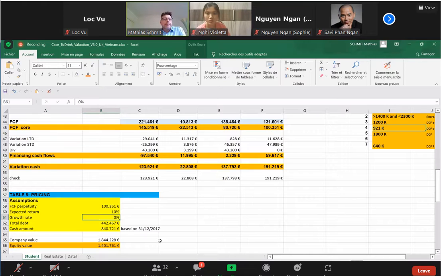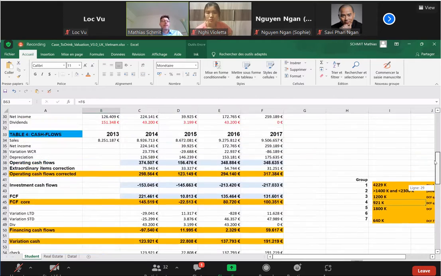And what is the value of the equity? It's a perpetuity. So 100,000 divided by 10%. If you assume that you receive 100,000 of free cash flow each year, it's about 1 million. Okay, you have a debt. However, you have a cash amount when you look in the company.